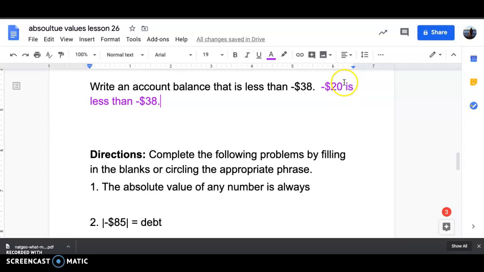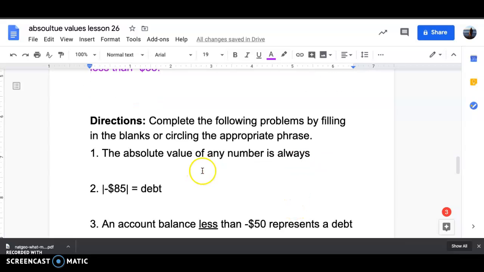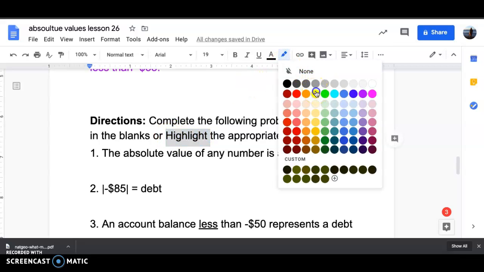I changed the color to purple, all the work that I did, so you know that that's the work I did. Okay, so now our directions. Complete the following problems by filling in the blanks or circling appropriate phrases. So we can't circle, so you're going to highlight the appropriate phrases.